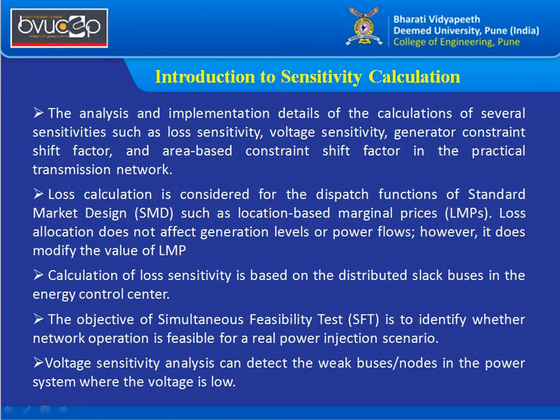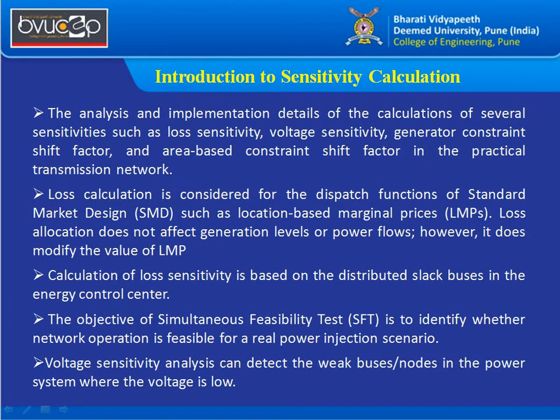In this unit, we are going to focus only on loss sensitivity and generator constraint shift factor, because voltage sensitivity and area based constraint shift factor are beyond the content of this syllabus. These two are covered in some other subject, and can also be mentioned in power quality.